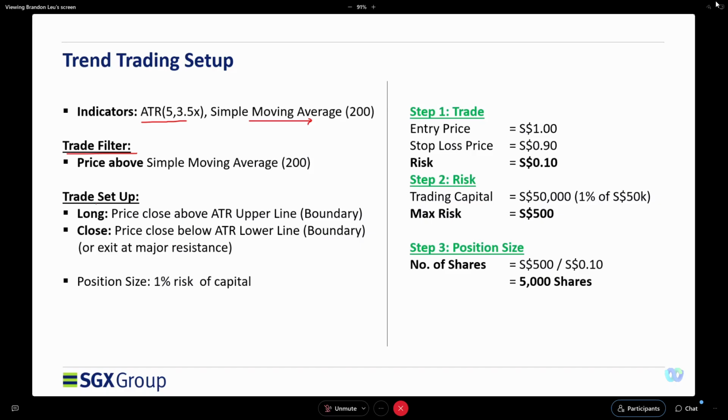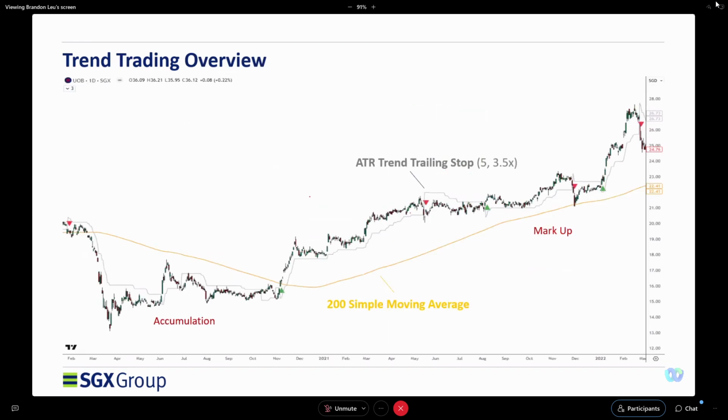And the setup will be that we add to our trading allocation once the price closes above the upper boundary, which means the stock breaks above the gray line, the upper boundary, and the gray line will switch to the bottom of the price.